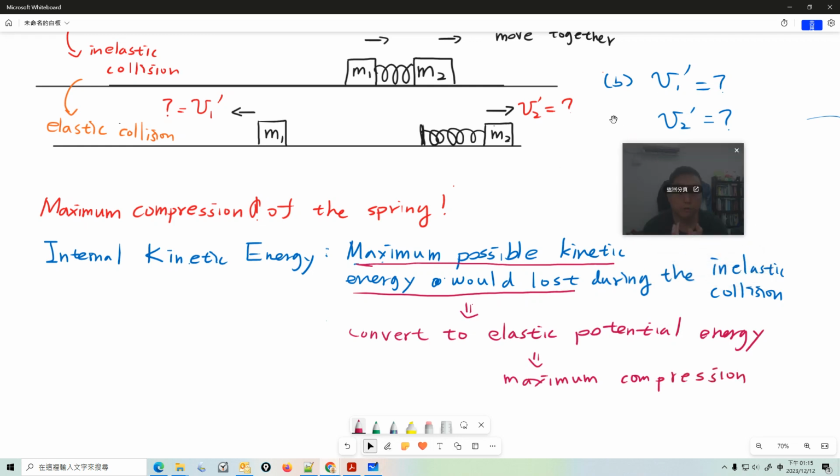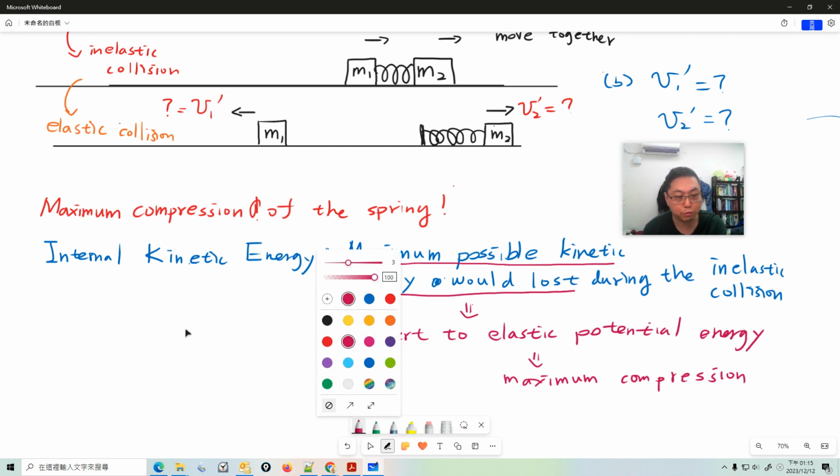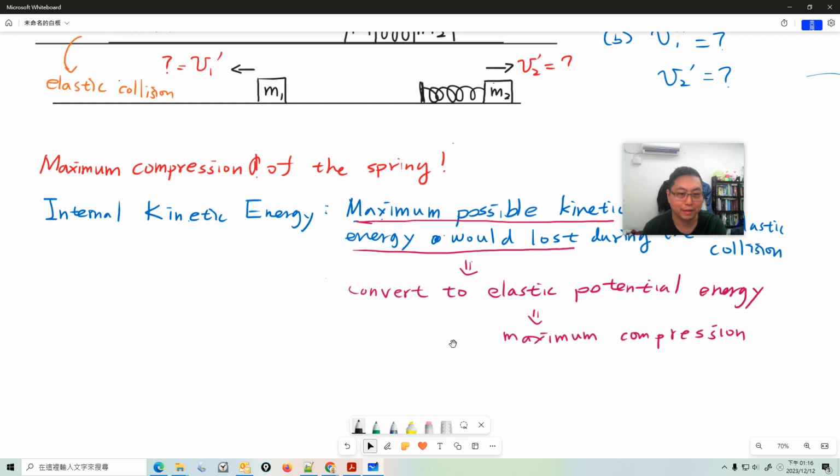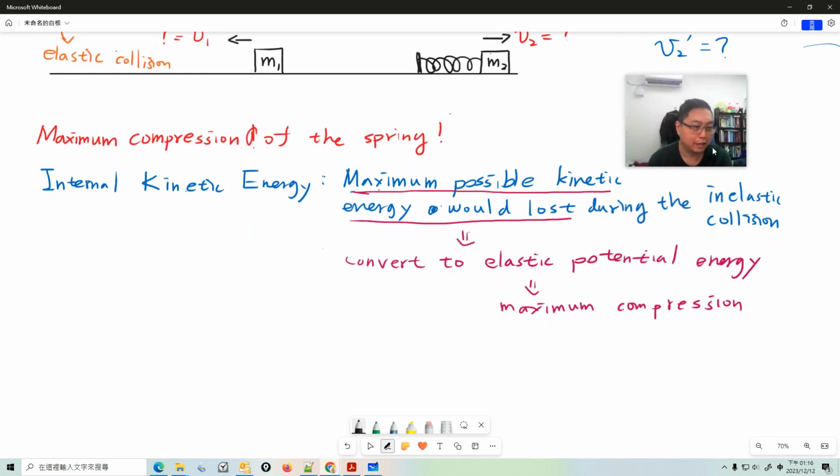So my calculation for the first problem is actually easy. I just calculate the internal kinetic energy, and in a previous lecture, I introduced how to calculate it easily. Do you remember the formula? Maybe you forgot. Internal kinetic energy is 1/2 nu times V12 squared. V12 is the relative velocity between object 1 and object 2, and nu is the reduced mass.